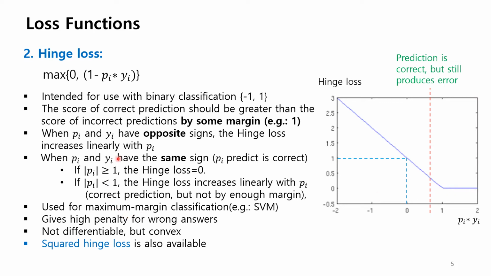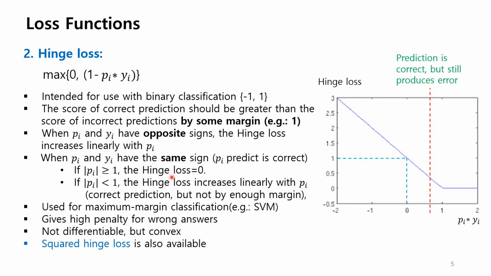But if the target value is 1 and our prediction is, let's say, 0.5, then the absolute value is less than 1, so our hinge loss still generates error. That's the idea. The prediction 0.5 is correct, but the idea of hinge loss is that this is not good enough.